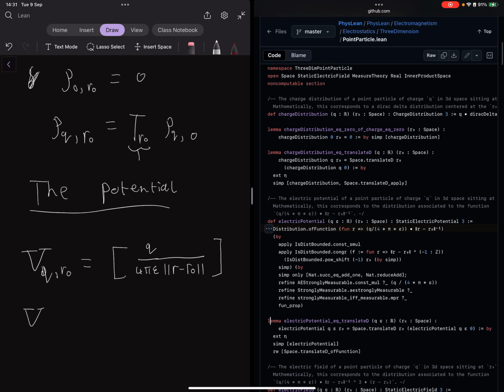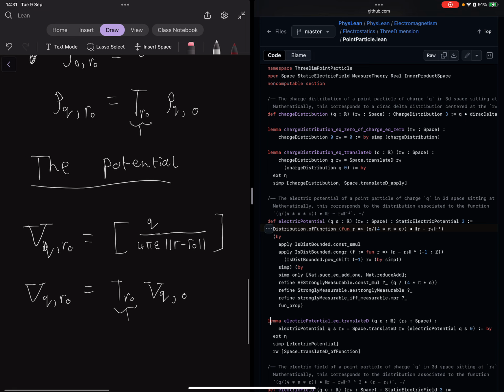It basically says that the electrostatic potential at R0 is equal to the translation of the electrostatic potential at 0. And this translation operator is really defined formally for distributions in a very rigorous and easy to understand way.